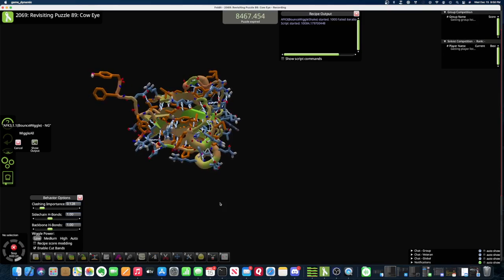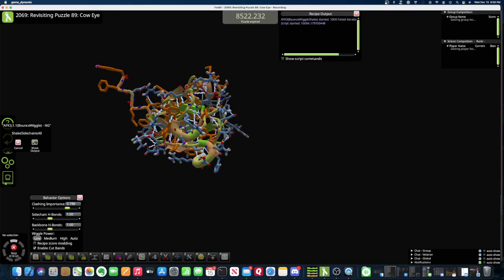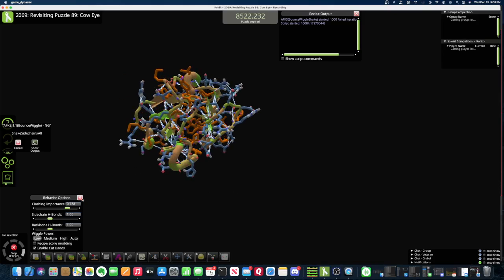So what it's going to do is get the clashing importance down low at kind of a random value, wiggle it until it stops wiggling, and then shake, which will rearrange the side chains, and then it moves it up, does a shake, does a wiggle, so it's in the middle of a shake.